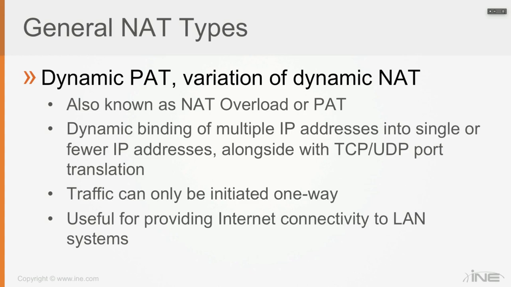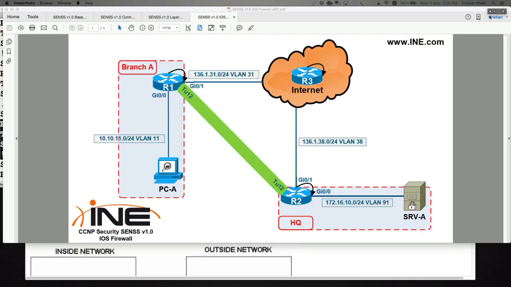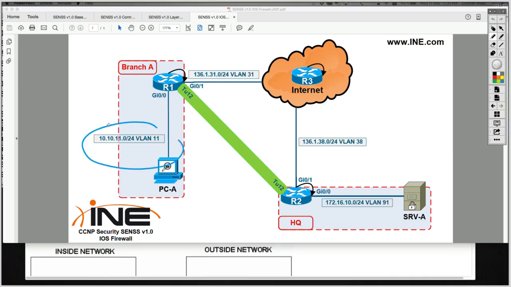This is in general used to provide internet connectivity to LAN systems, because clearly on the LAN you're going to have a huge amount of IPs. On the LAN you have a /24, and maybe this small company has one single public IP, which is 999.